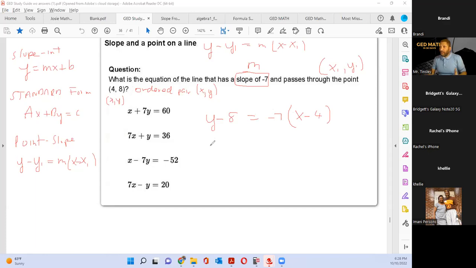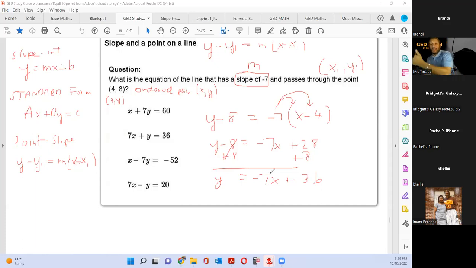Then you simplify Y minus 8, use the distributive property: -7X, -7 times -4 is +28. Add 8 to both sides. We get Y equals -7X plus 36. That's how you get your equation of a line using the point slope formula.